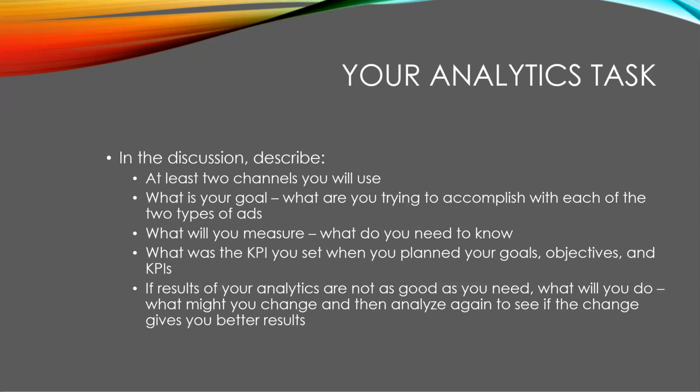You've already planned this. You will describe what your goal is. What are you trying to accomplish with each of the 2 types of ads? And this you've also already set. What will you measure? What do you need to know? What was the KPI you set when you planned your goal objective that this particular ad is supporting?